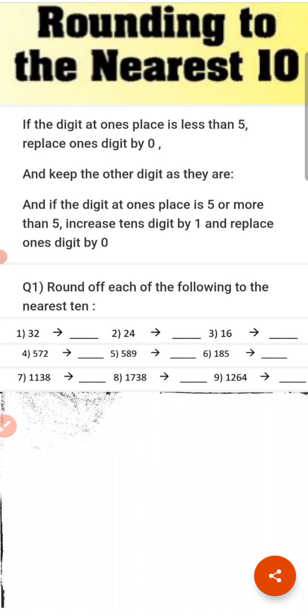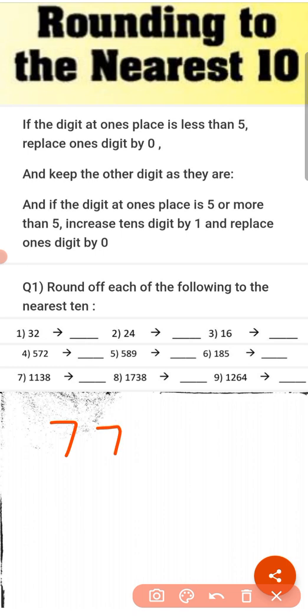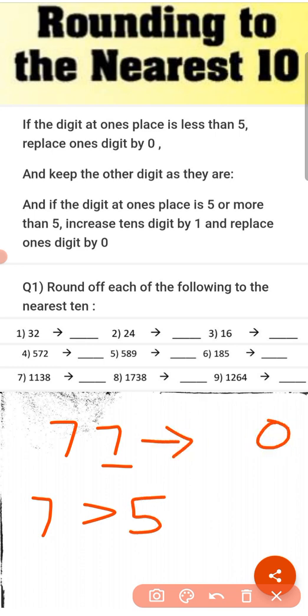Okay. Let us show one more example. If our number is 77, here the digit at ones place is 7, that means 7 is more than 5. So 7 becomes 0, then add 1 to the digit at the tens place, 7 plus 1 is 8. So 80.